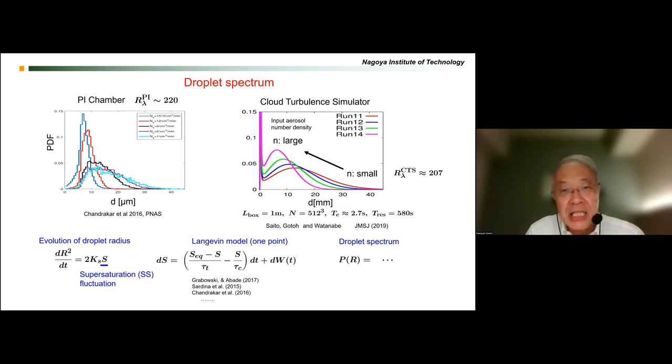So the details of the supersaturation are maybe a second effect.